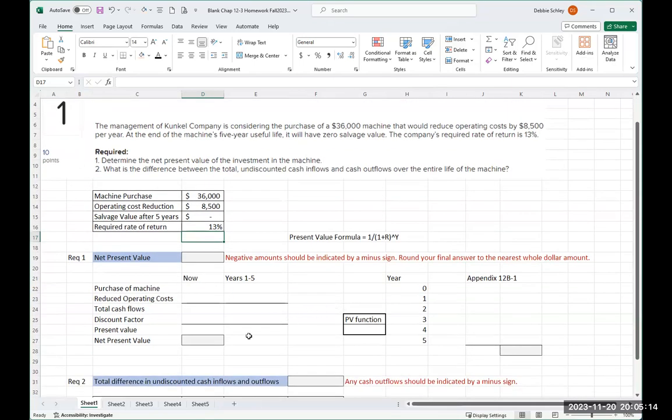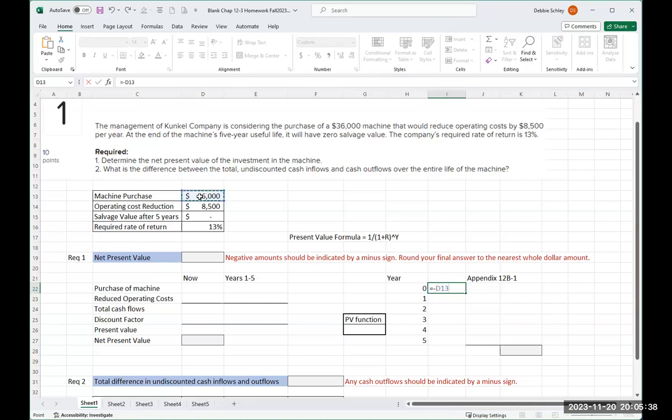So we're going to have to perform some calculations. First, I'm going to show you the long way to do this, and that's with the discount factors year by year. So this for year 0, which is now, that's going to be a negative of the machine purchase, right?